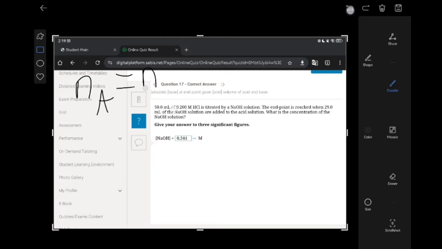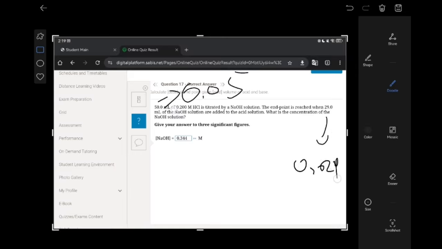So you have the V and the C of the acid, and you have the V of the base. It's given here. The endpoint is reached when 29 milliliters of the NaOH solution is added to the acid. So always make sure it's in liters. So this becomes 0.05 and this becomes 0.029.